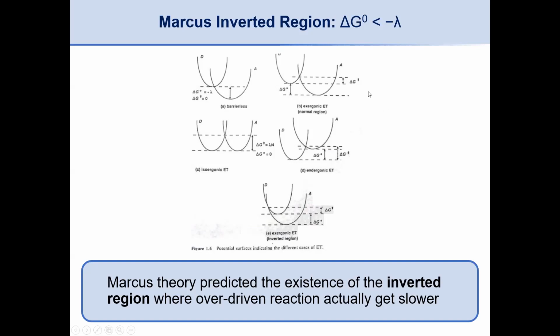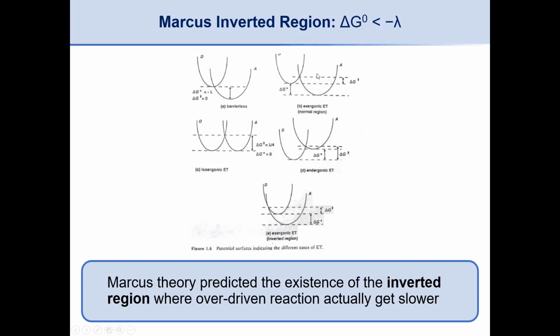So one of the key things that came out of Marcus theory was the prediction of the inverted region, in which by overdriving the reaction, we can actually slow it down rather than speed it up. So that's illustrated here in these plots.